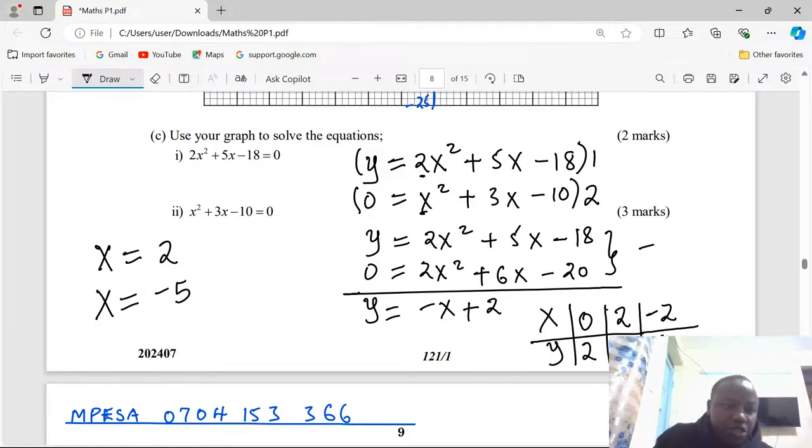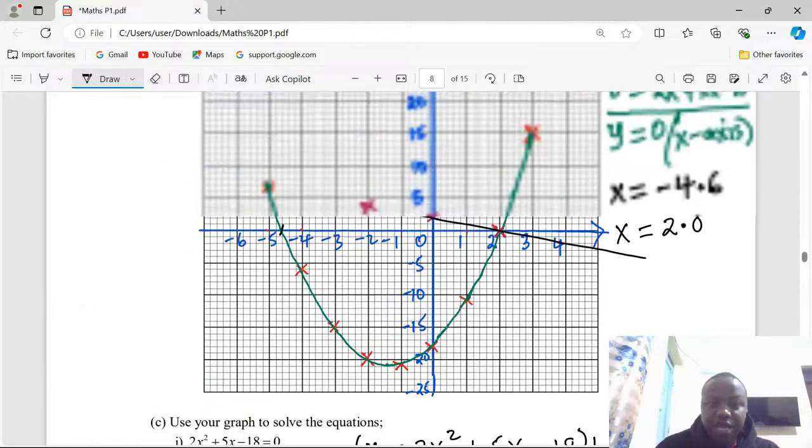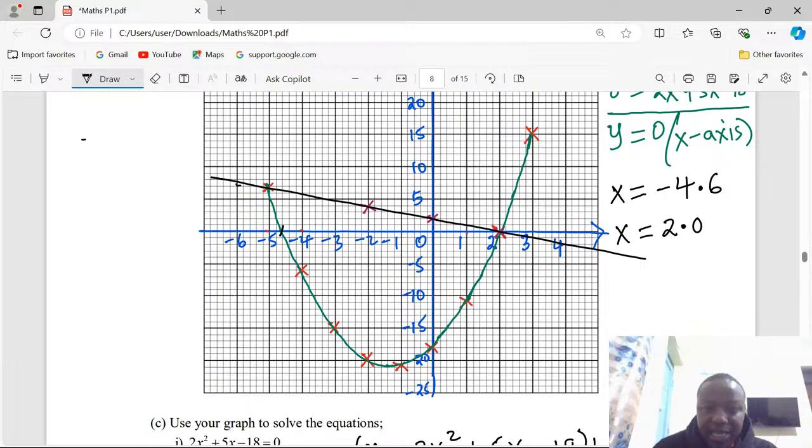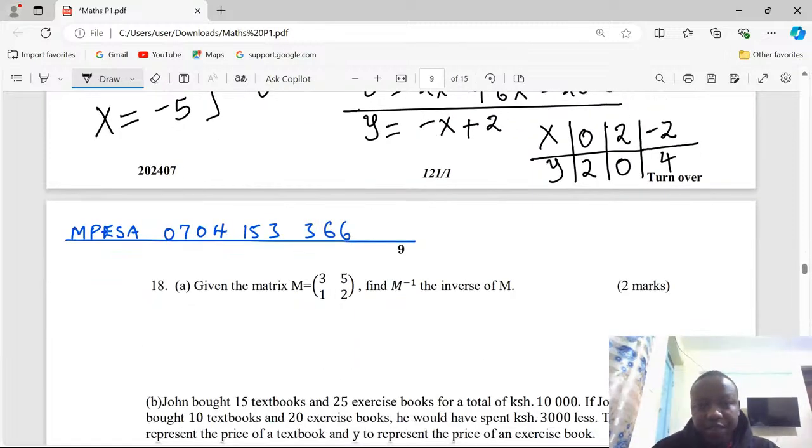Those are the solutions. You can even use other methods of solving an equation like this, and you shall confirm that our values are very accurate. So you can read them from the graph. The line is cutting the graph at -5 and also +2. So those are the solutions.